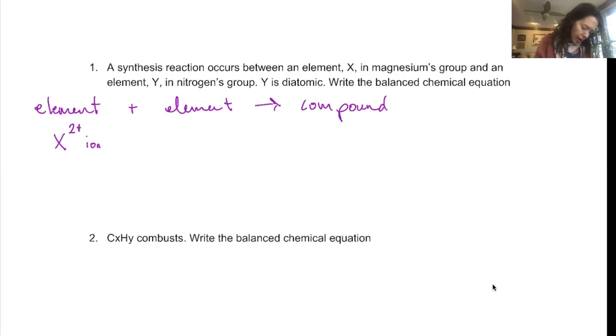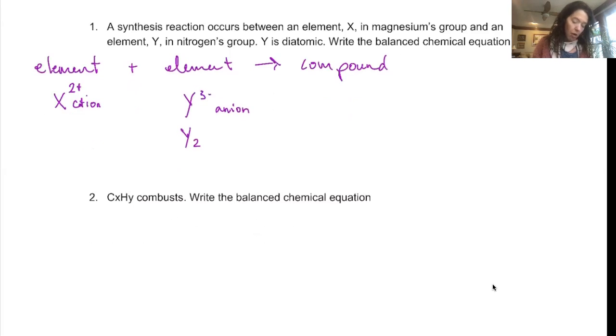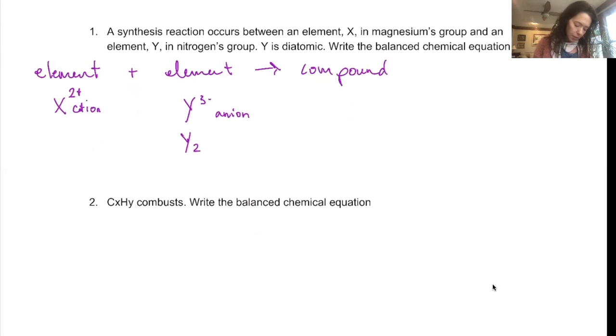That would be my cation. And an element Y, which is in nitrogen's group, well, that tells me that it has a 3- charge. They also tell me that Y is diatomic, so this must be my anion. Okay, and we're going to form the compound XY, right? And then we'll have to figure out what those subscripts are.